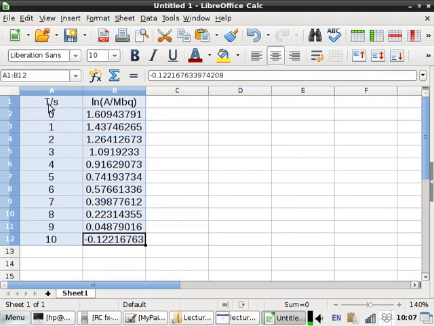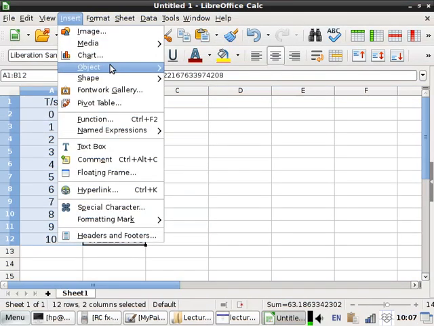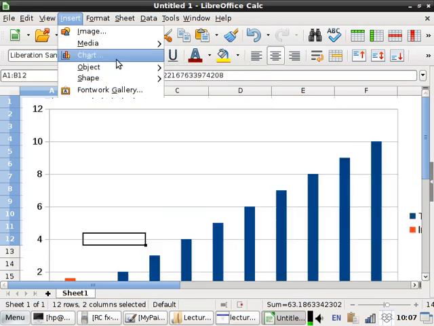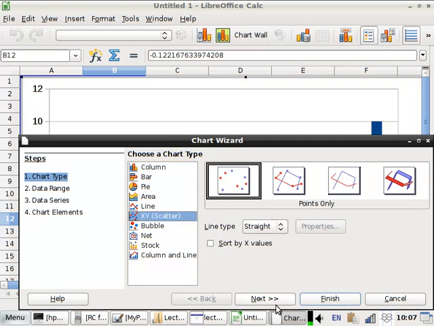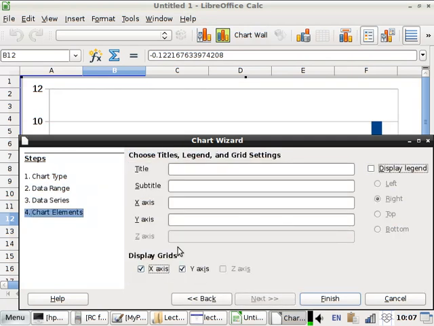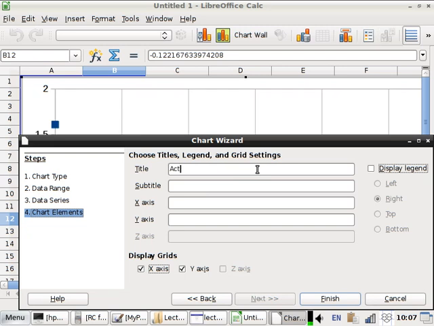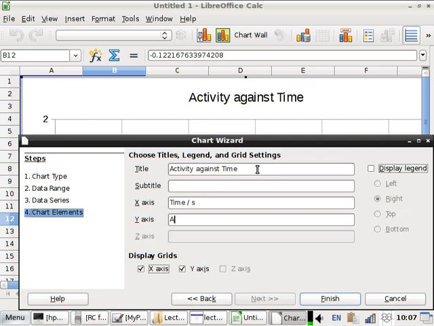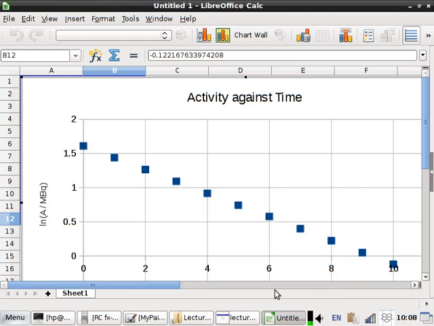Okay, so let's do this. Insert chart, scatter. Title: this is activity against time. X-axis is time in seconds. Log activity in. Oh come on, give me a break. Right, you should have this graph.